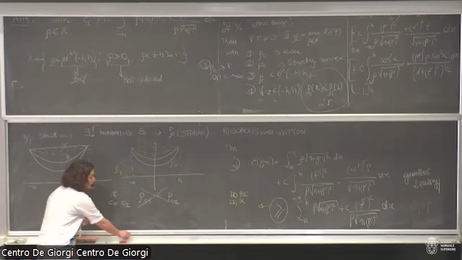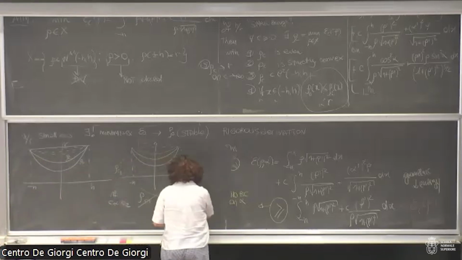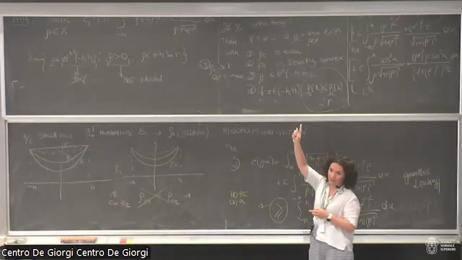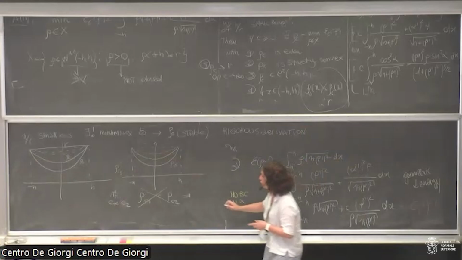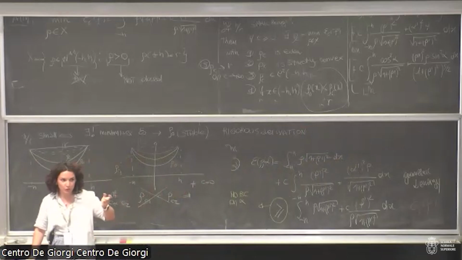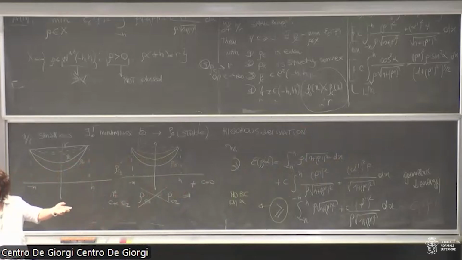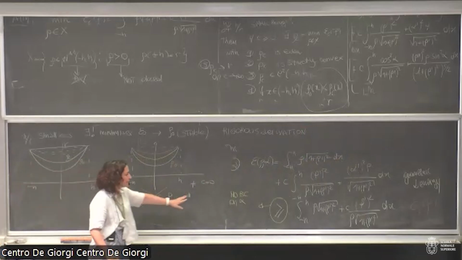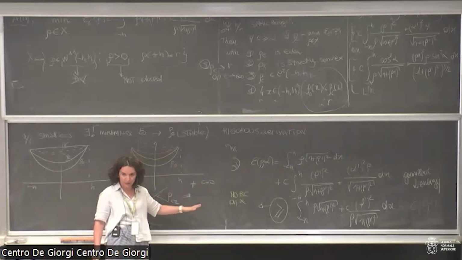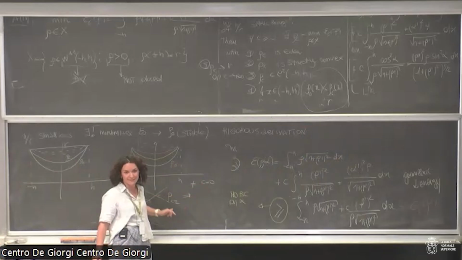The reason is that we do not have an explicit formula for the minimizer. Differently from the case C equal to 0, where you have the Euler-Lagrange equation and you can integrate it, here we are not able to integrate the Euler-Lagrange equation, and so we do not have an explicit formula for the minimizer.